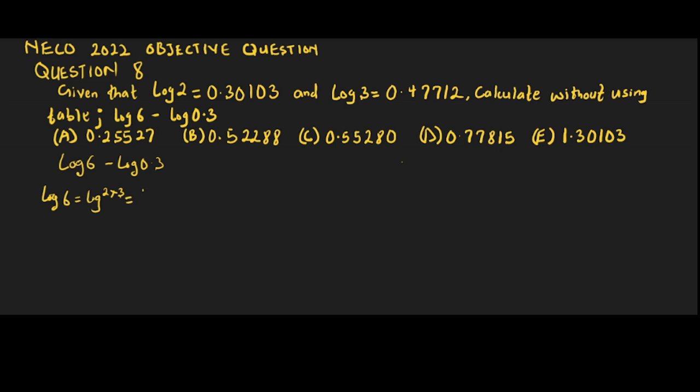From the rule of log, this is the same thing as log 2 plus log 3. Now, in the question, I have been given the value for log 2. Log 2 is 0.30103 plus log 3 is 0.47712.